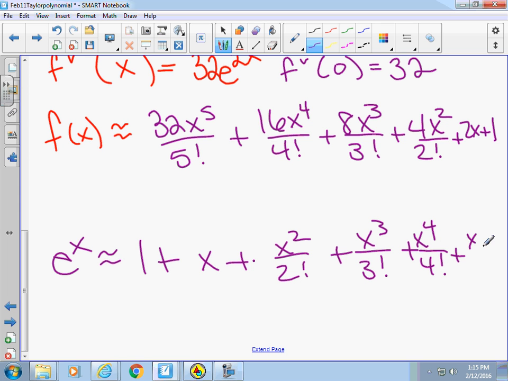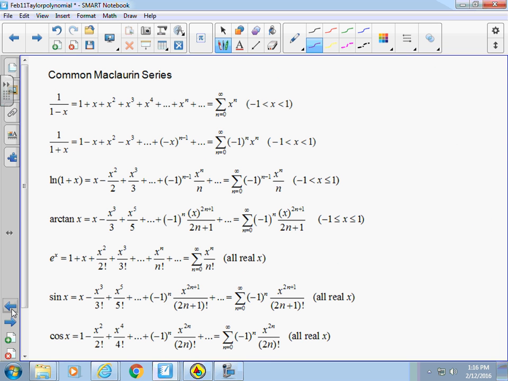What would you plug in for x if you wanted e to the 2x? 2x. So where this x is, there would be a 2x. This would be 2x in parentheses squared, right? And what is 2x squared? 4x squared. What is 2x cubed? 8x cubed. What is 2x to the 4th? And 2x to the 5th. So you could do that either way. Make sure the parentheses are there. But otherwise it will work out either way.